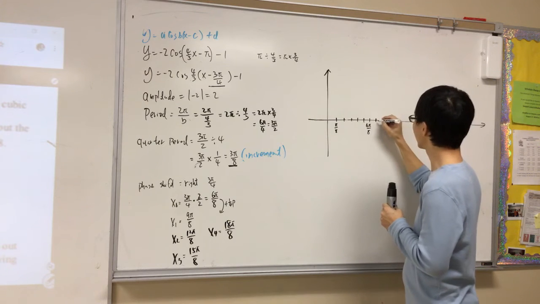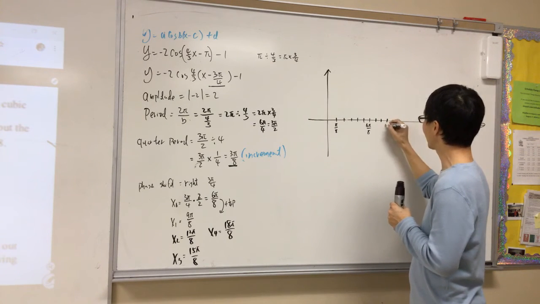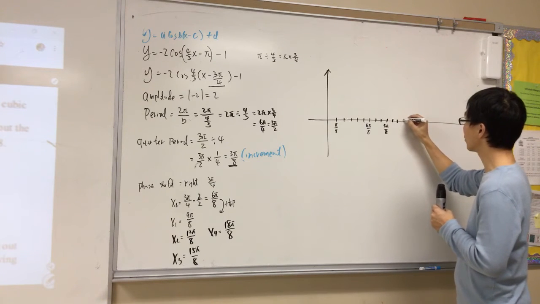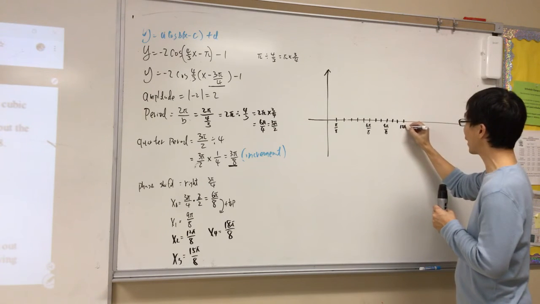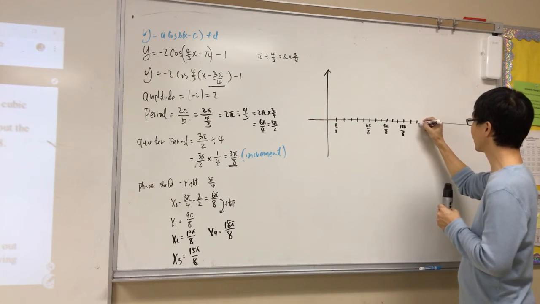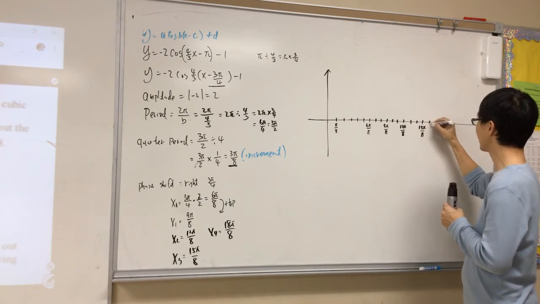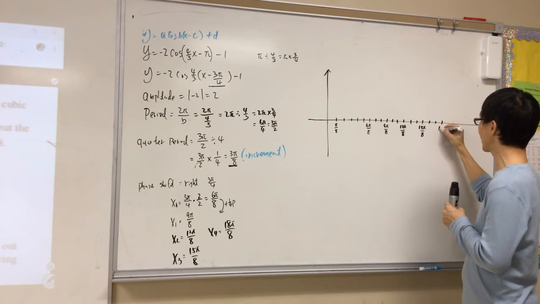And then add 3 is 9 pi over 8. I have the same distance. It's going to be 12 pi over 8. 15 pi over 8. And that's going to be 18 pi over 8.